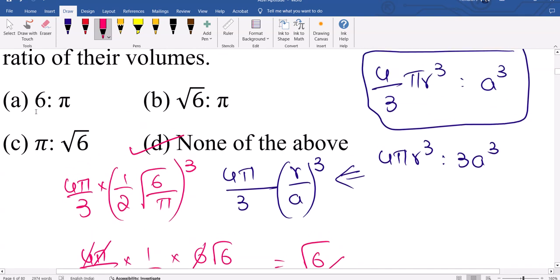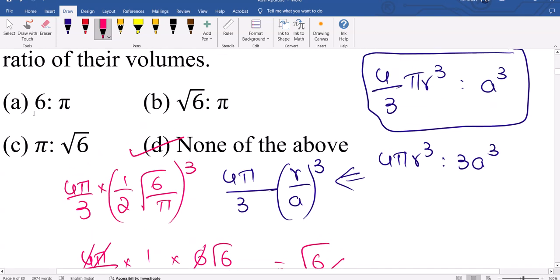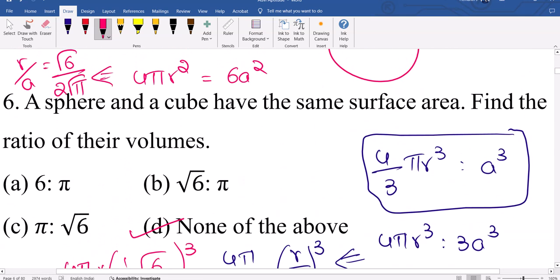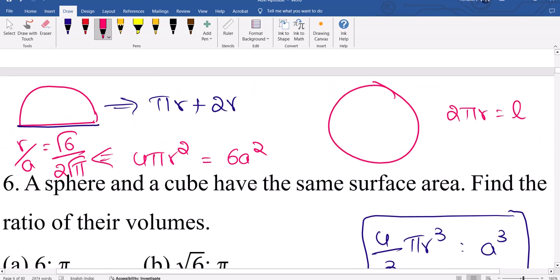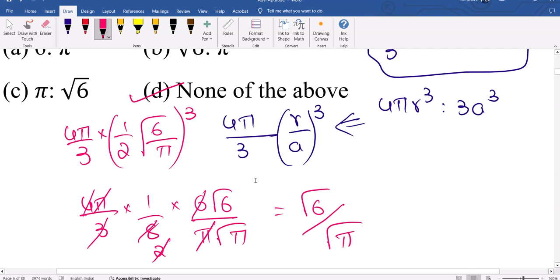One option is 6 and pi, one option is root 6 comma pi, but we want square root for both 6 and pi. This question also looks like a single line, but there is a lot you have to work on. We have to calculate surface area, bring the relation between r and a from there, then move to the volume.